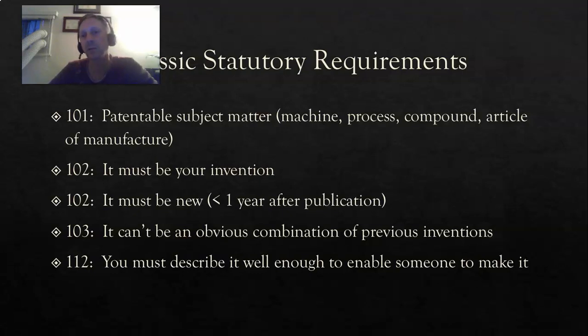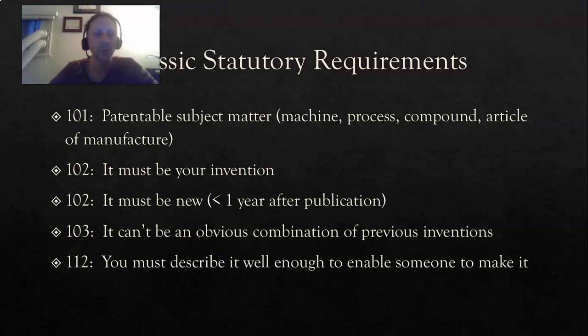A compound might be something that you would put in a container, like glue or peanut butter or barbecue sauce or cosmetics. An article of manufacture is usually going to be something solid without many moving parts, like maybe a baby toy or a lab coat or a pair of goggles or something like that.